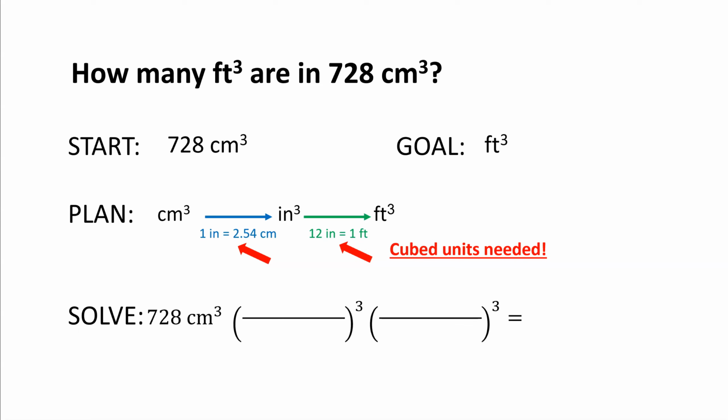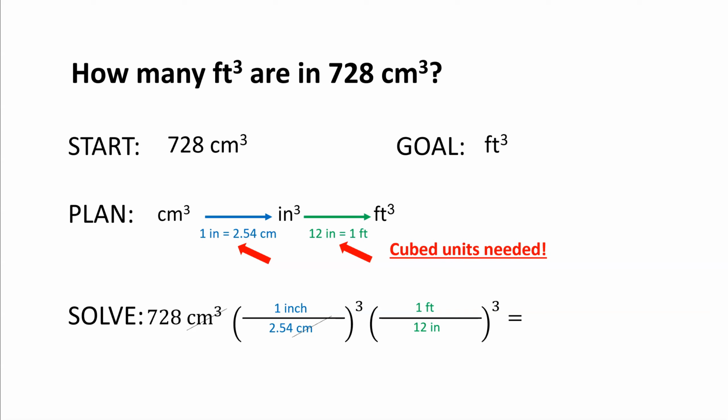All right, so you see how it's a little bit different this time. This time we've got powers of 3 for both of our conversion factors. So we'll need to remember that when we get to the calculating part there. Okay, so we'll put in our conversion factors again, paying attention to which one goes on top and which one goes on the bottom based on which units we want to cancel. And we can double check that our units of cubic centimeters will cancel. We start with cubic centimeters.